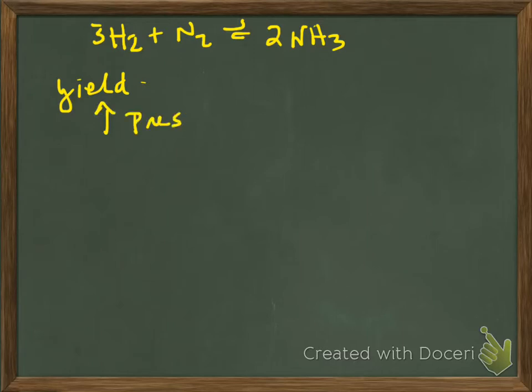Remember Le Chatelier's principle? Increasing pressure in a gas system is going to make the equilibrium shift to the side with the smaller number of moles of gas. In shifting this as well, this does increase your yield.